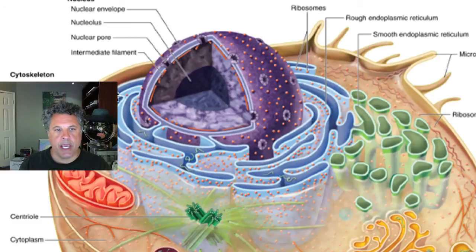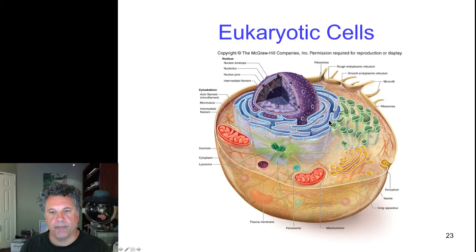There is an endomembrane system that includes something called the rough endoplasmic reticulum, which is studded with these little brown dots here. Those are ribosomes. And the smooth endoplasmic reticulum, which, like the rough endoplasmic reticulum, is a membrane-bound canal system through the cell, but it lacks the associated ribosomes that are found studding the rough endoplasmic reticulum.